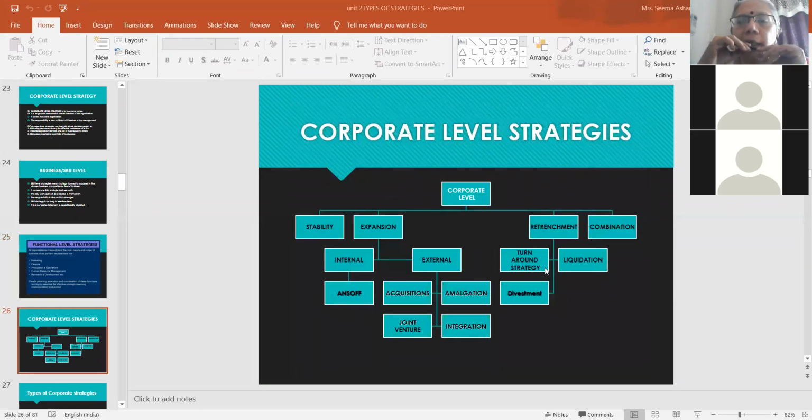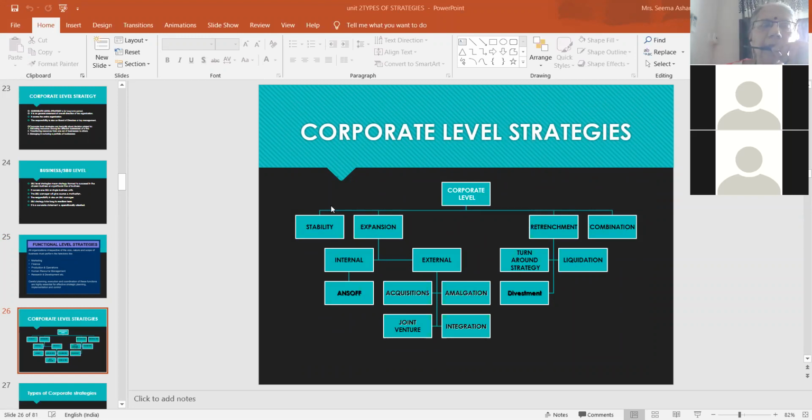Now, each of these three levels has subtypes or sub strategies, right? So we are going to now start with these types of strategies in unit 2. So the first level of strategy is corporate level strategy, in which there are four important subtypes.